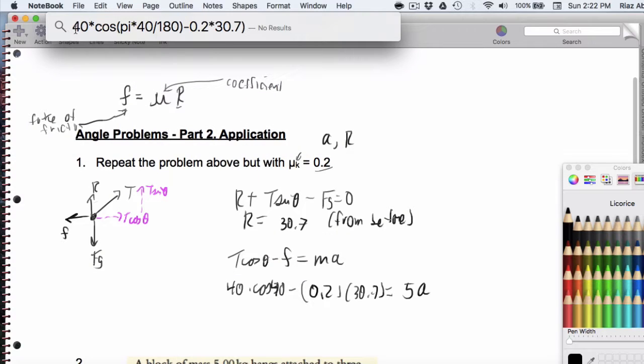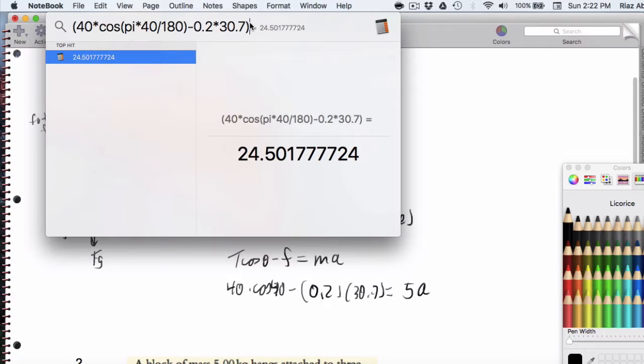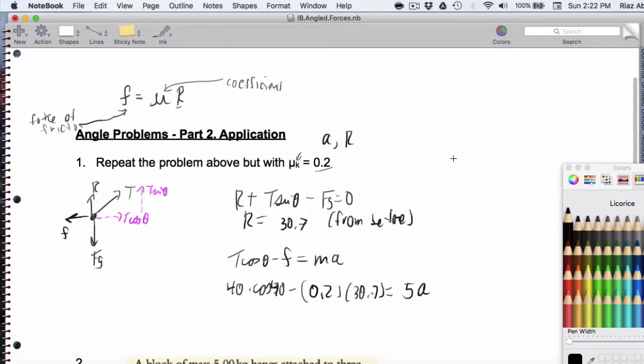And then we'll divide all of this by the mass. And we end up getting 4.9 meters per second squared.